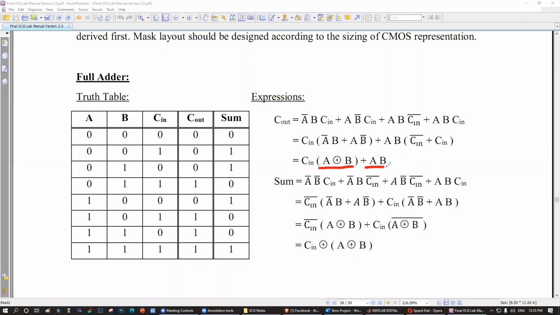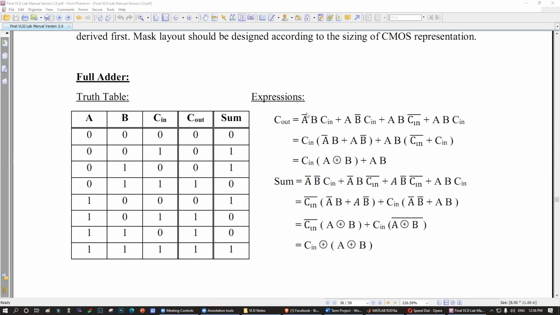Then you need AB, that means one AND gate. Then you need another AND gate here, C in into A XOR B, two AND gates. Then you need one OR gate here. Then you need another XOR gate here. So two XOR, two AND, one OR. That becomes your expression.